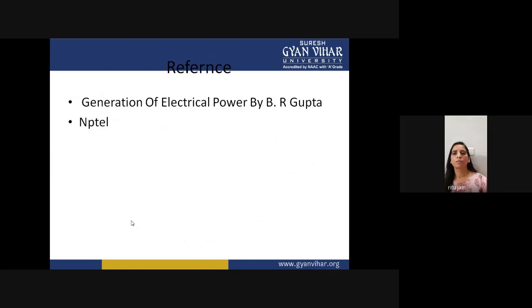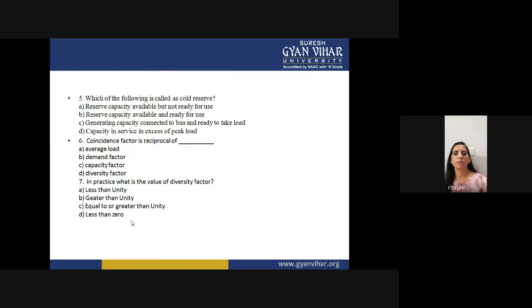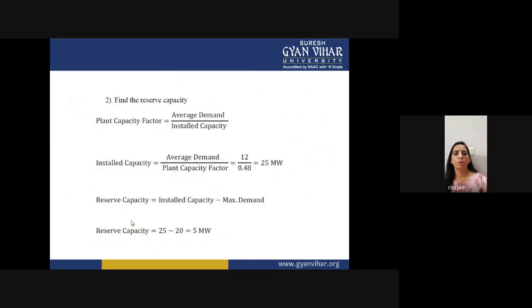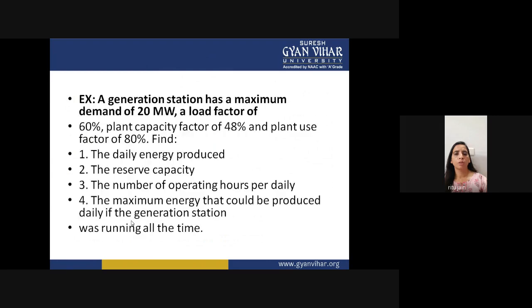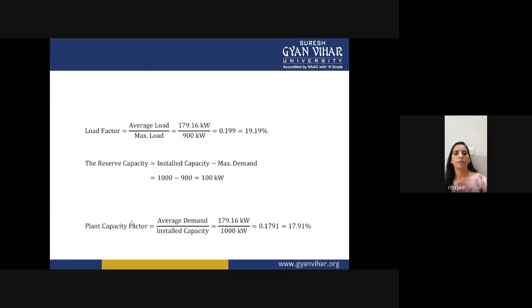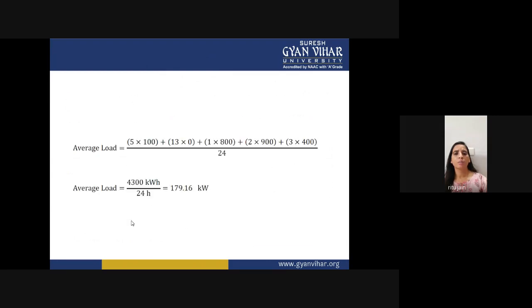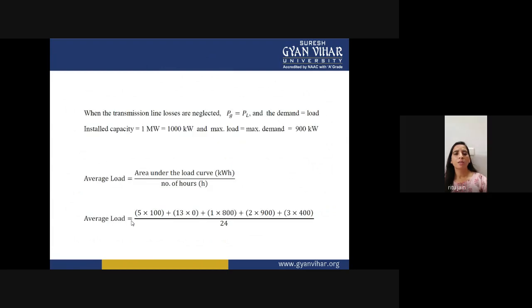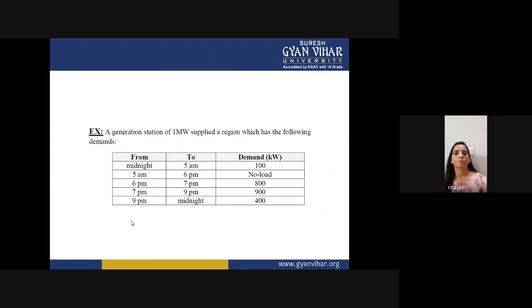The reference of this lecture is Generation of Electrical Power by B.R. Gupta and NPTEL. By going through these references, you can easily understand the load factor, load duration curve, utilization factor, reserve capacity, and your mass curve, chronological curve.